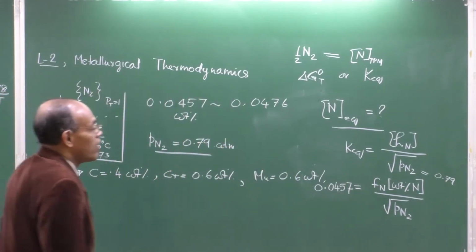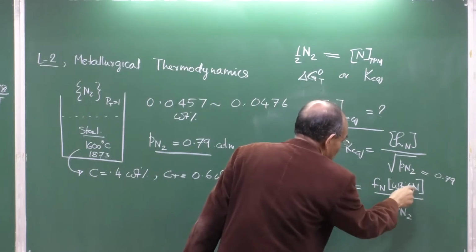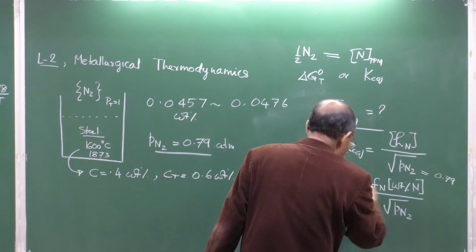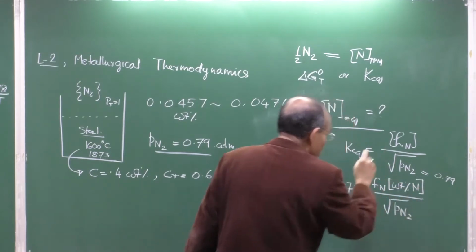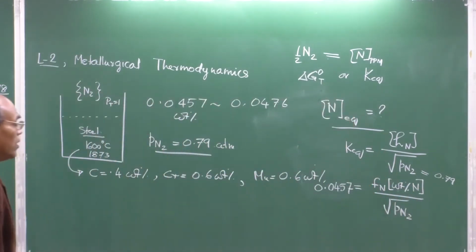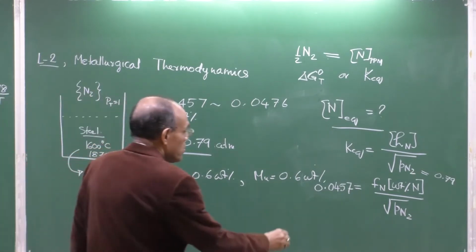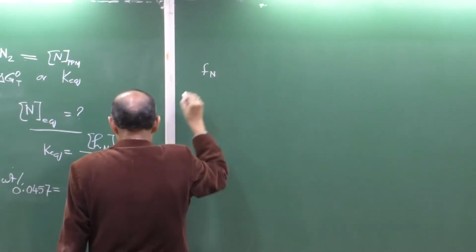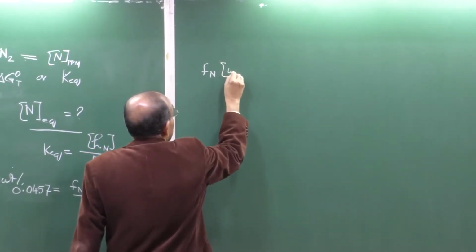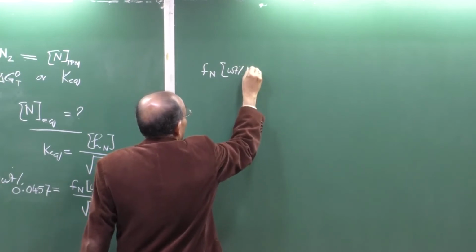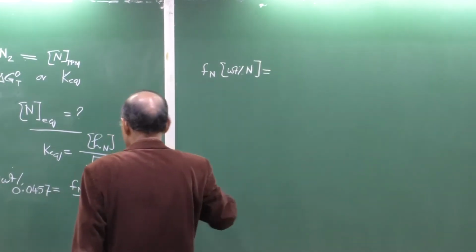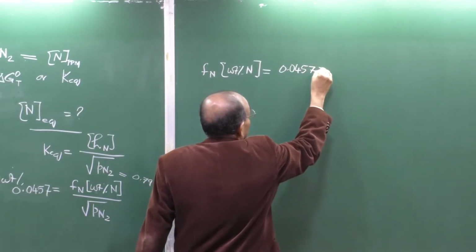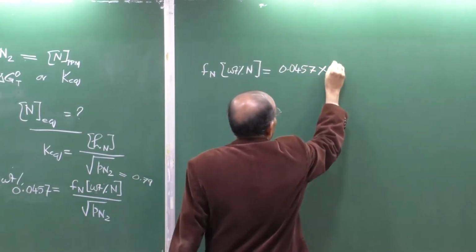If I want to convert this weight percentage of nitrogen into ppm, then I multiply both sides, and then this concentration becomes ppm. So the final equation comes out to be fN, the activity coefficient, multiplied by weight percentage nitrogen is equal to 0.0457 into square root of 0.8.